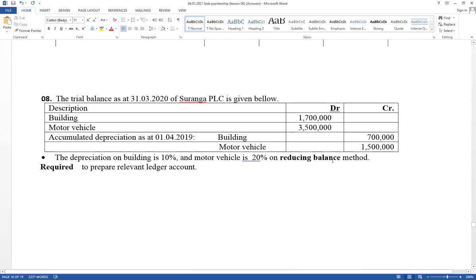The method is reducing balance, and the rate is given. First write the equation.